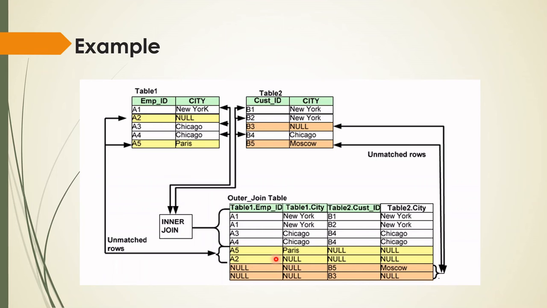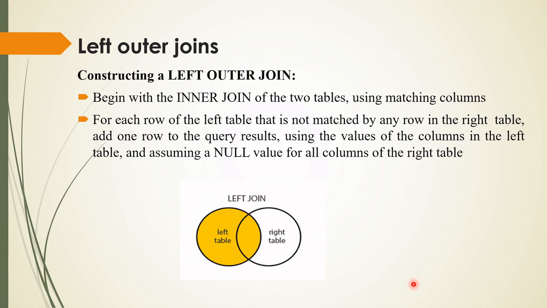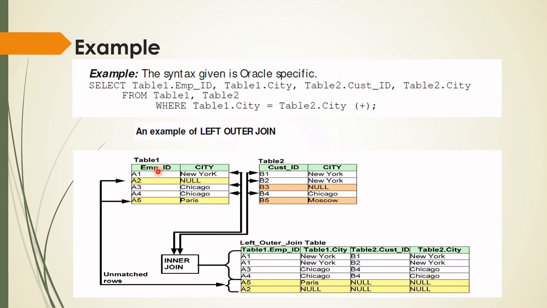So the A5 and A2 pair is null. This is the left side table. In a left outer join we consider only these two records after these four records. The other records are not considered in the left outer join. So the left table's unmatched pairs are included only here.